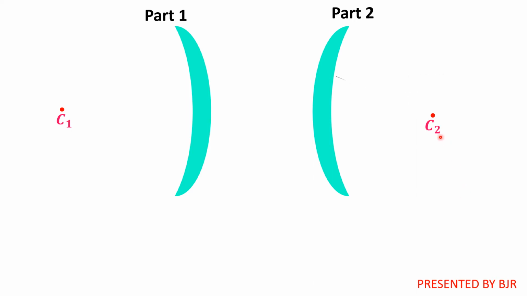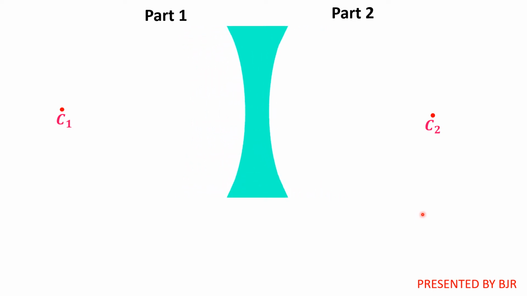Okay, so C2 is the center of curvature of part 2. Now I will join these two parts in order to form a biconcave lens. That's all. See here how nicely a concave lens has been formed, you can observe.